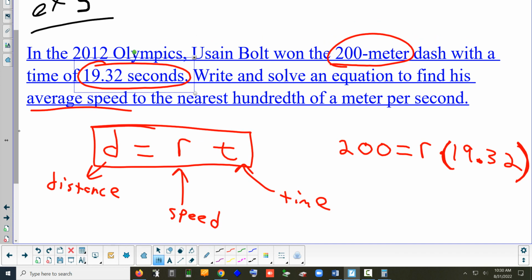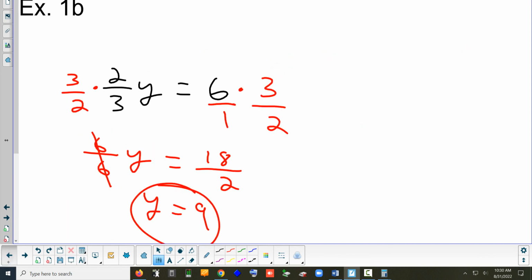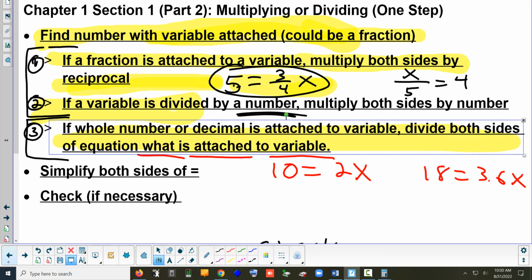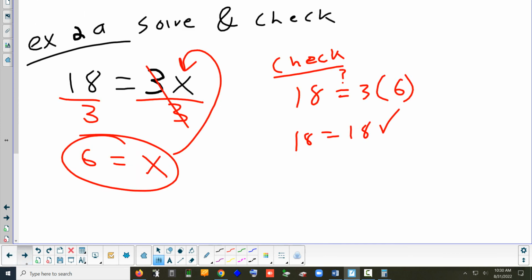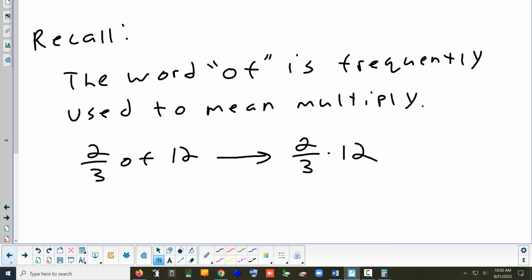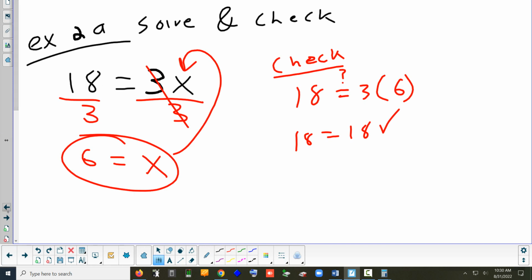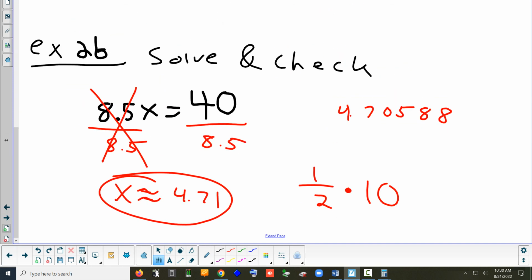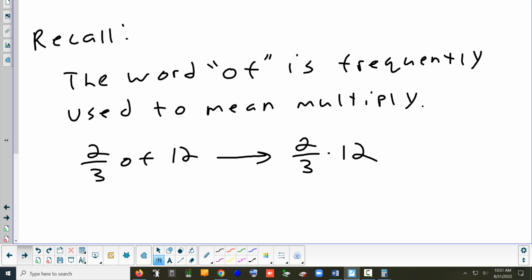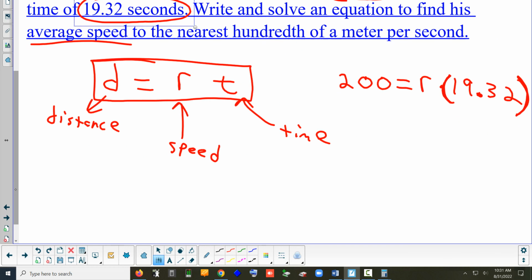All right, so let's see if we can figure out what case this is. Anyone think they know if that equation is case 1, 2, or 3? Yeah, case 3. It's just like the one you did with 8.5 times x. Right here, we have a decimal attached to the letter. So, Sean, since you said it was case 3, how am I going to get r by itself?